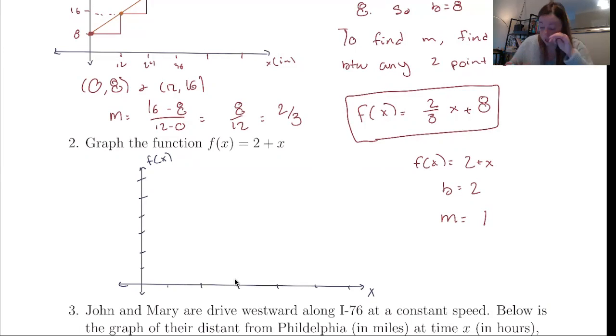It's 1, okay? I know I look like I'm crying, but I just really need to sneeze. So my initial condition is 2. So I'm gonna go right here. And then I know I'm gonna increase each time. So f of 0 would be 2, f of 1 would be 3, and so on. So 3, 4, and I can just connect my lines from there.